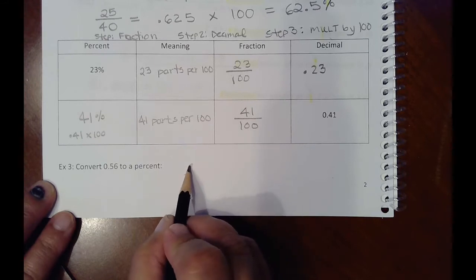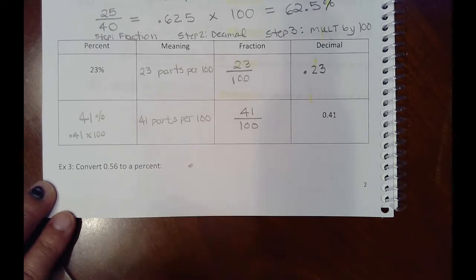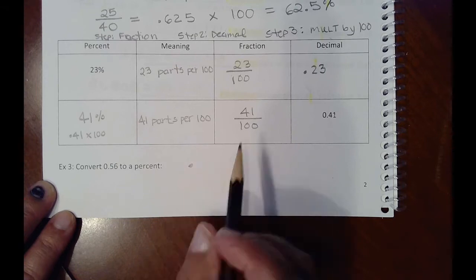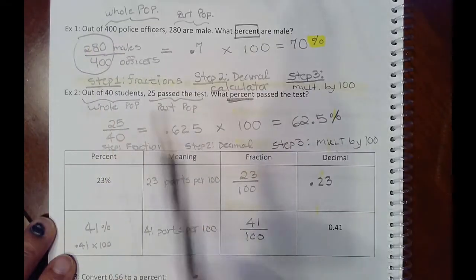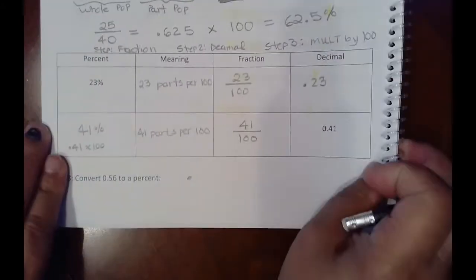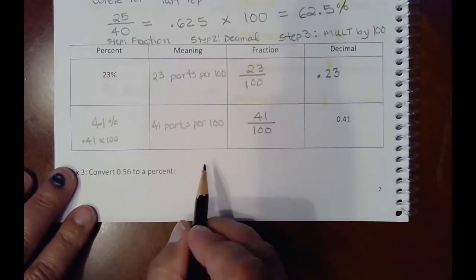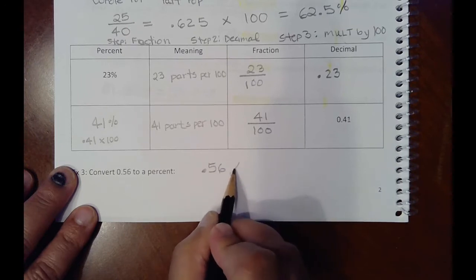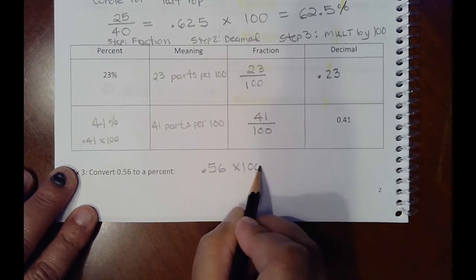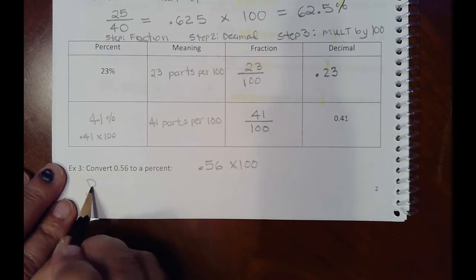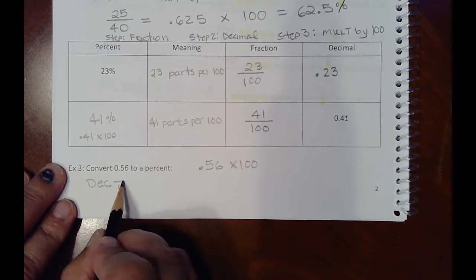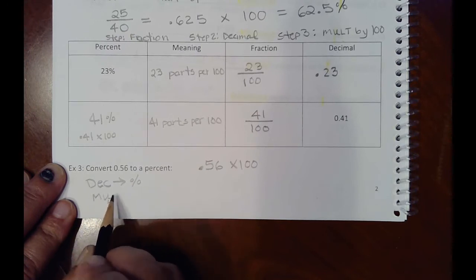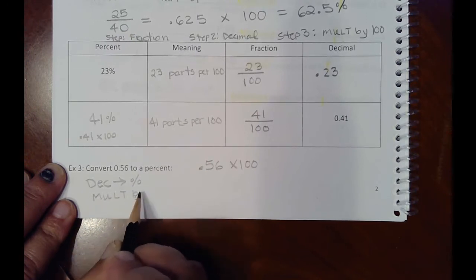So as stated in the 4 examples that I've given thus far, because there was 2 up here, these were 2 of them, and these were 2 more, so this is the 5th example. Doing the same thing, you're going to take your decimal and just multiply by 100. Whenever you want to go from a decimal to a percent, just multiply by 100.